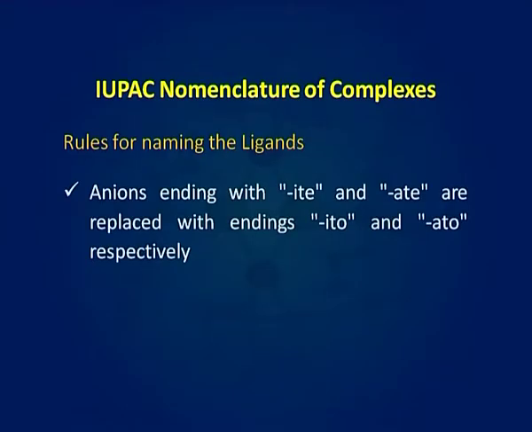You must note that the 2004 IUPAC draft recommends that anionic ligands will end with ido, so that chloro would become chlorido. Now, anions ending with ite and ate are replaced with endings ito and ato respectively.